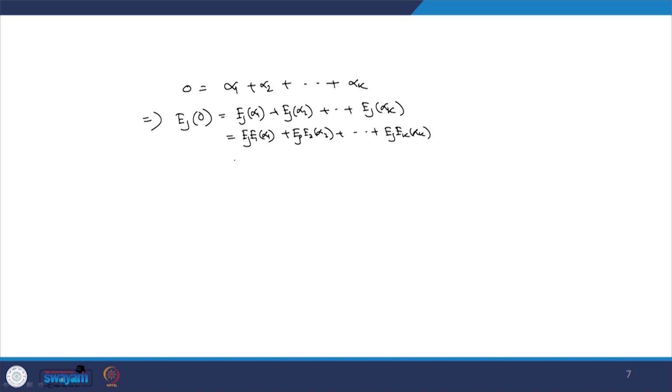So, I will have Ej square alpha j, which is equal to Ej alpha j, which is equal to alpha j. So, this implies 0 equal to alpha j.